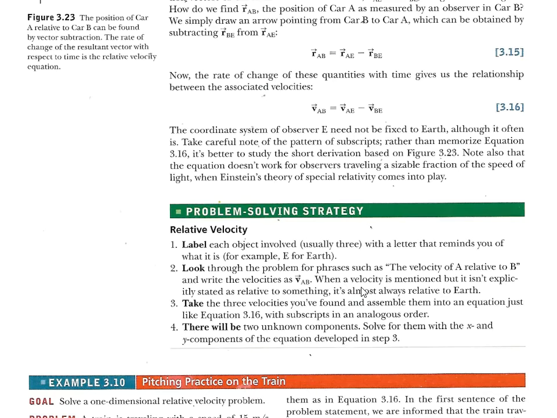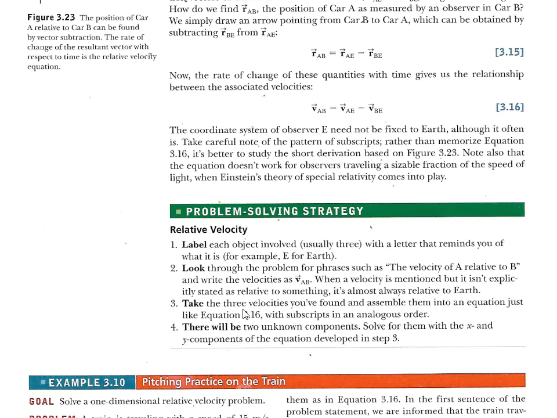So velocity of A relative to B has A first, then B next. The B, you should think of that as your origin. When a velocity is mentioned, but it isn't explicitly stated as relative to something, it's almost always relative to Earth.